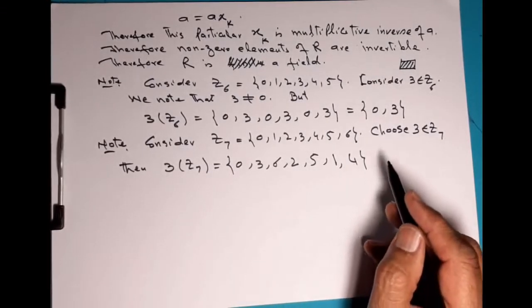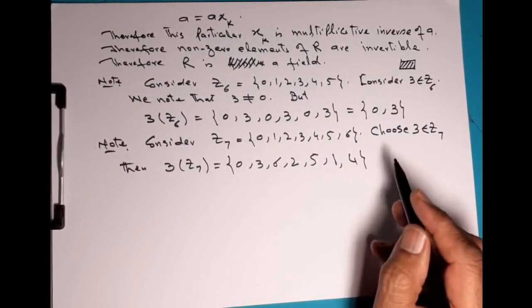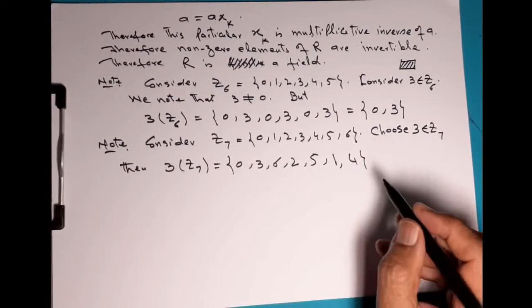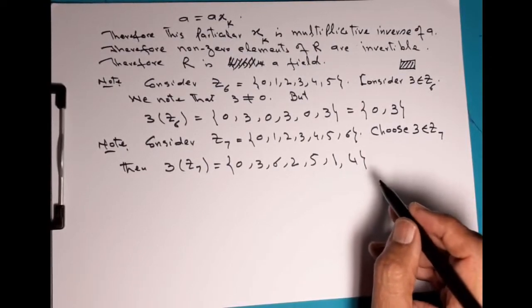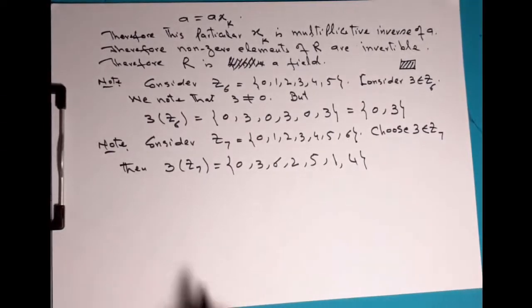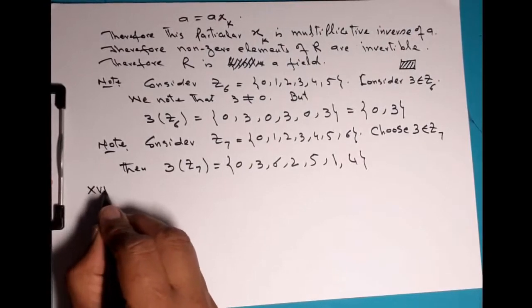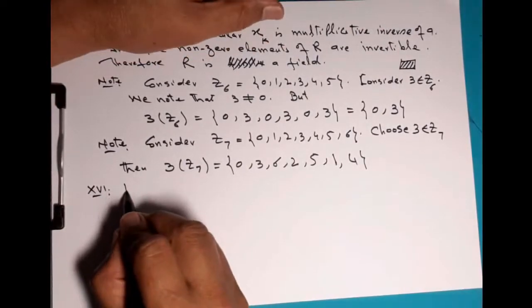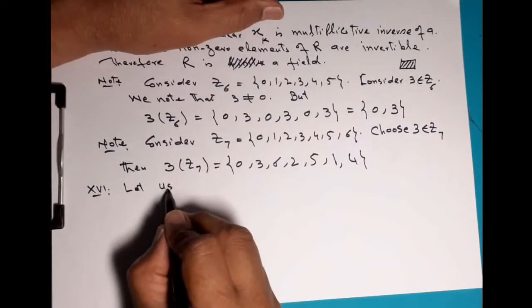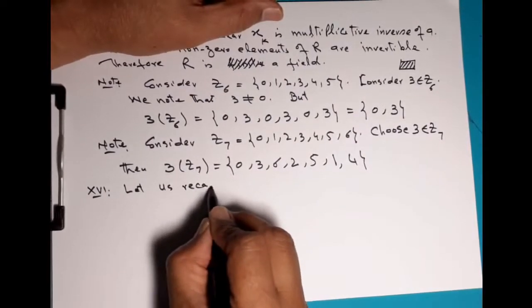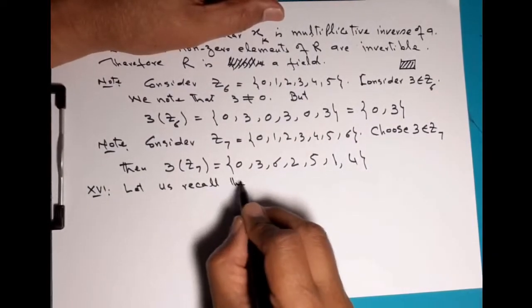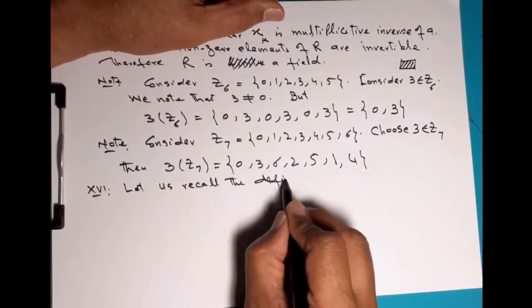So remember that the result we have proved is that a finite integral domain is a field. Let me recall the definition of field. Let us recall the definition of field.